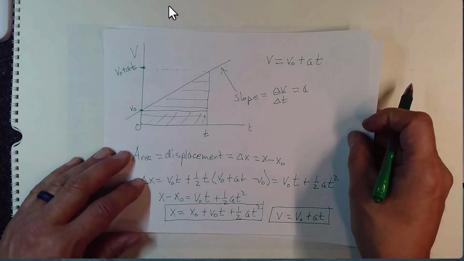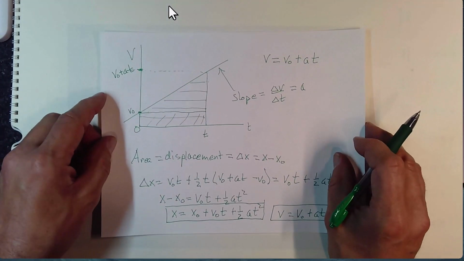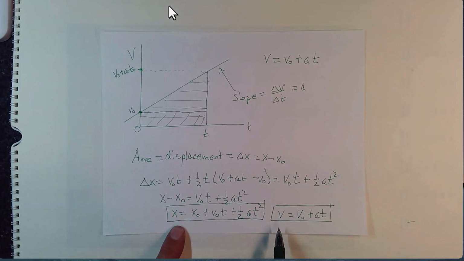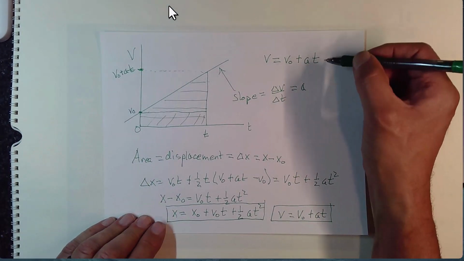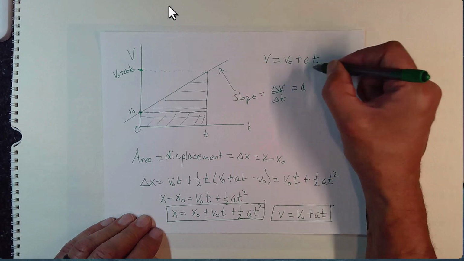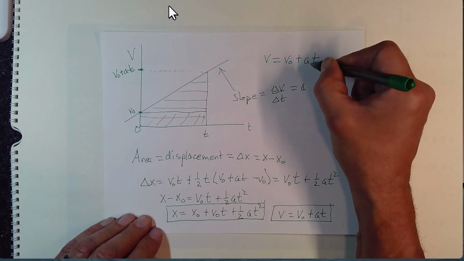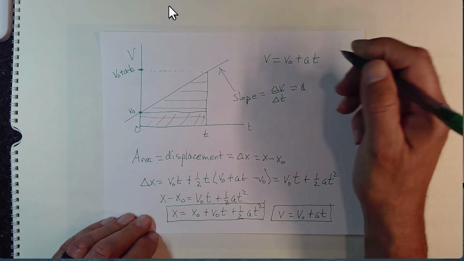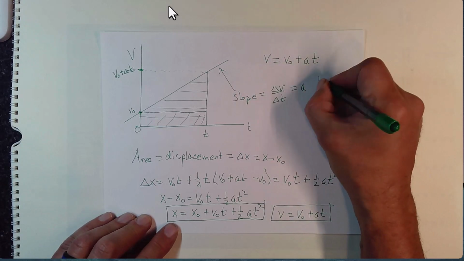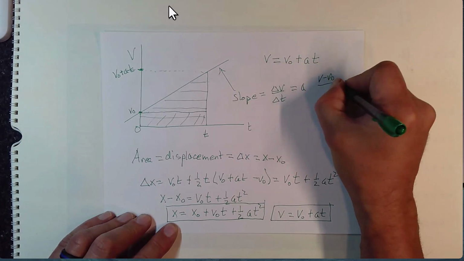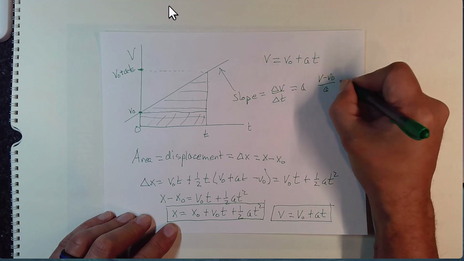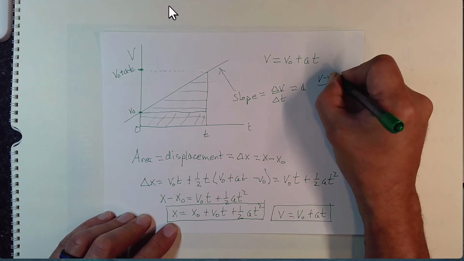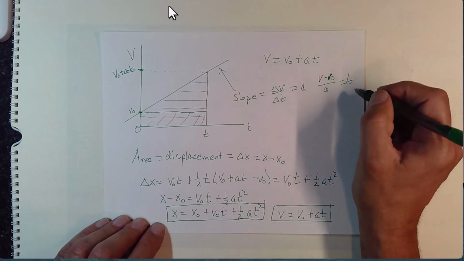And then there's a third one, and that third one is what you get if you solve the velocity equation for t, because this is easy to solve for t. You just get v minus v0 over a is equal to t.